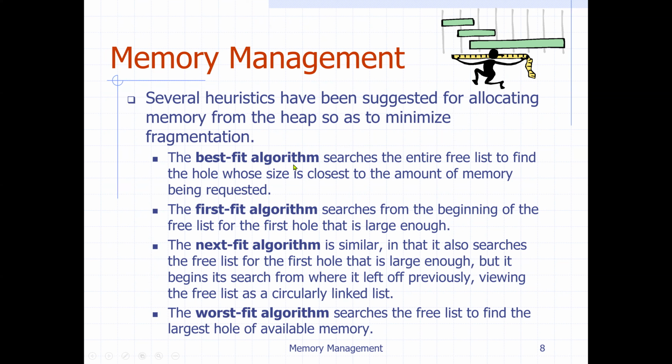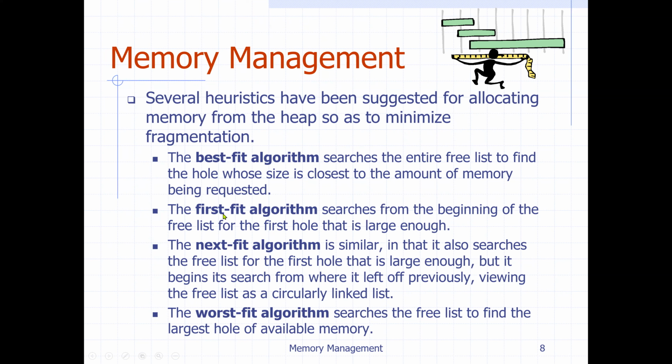With the best fit algorithm, we search the entire free list to find the hole whose size is closest to the amount of memory being requested. If we find one at least close to the amount we're requesting, we use that. That's why it's called the best fit.